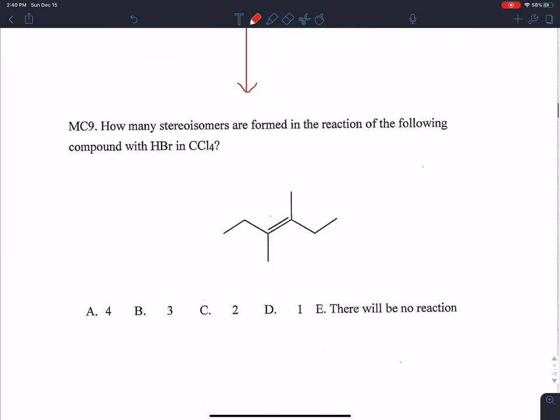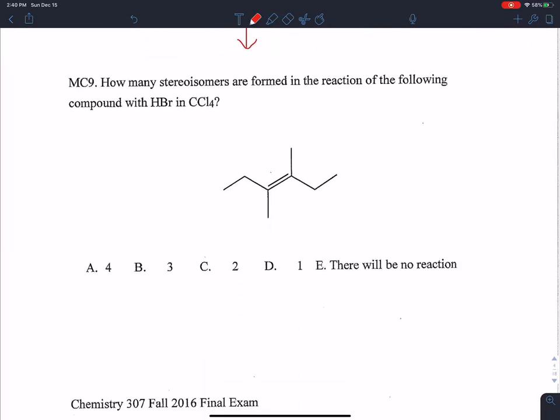Next question. How many stereoisomers are formed in the reaction of the following compound with HBr in CCl4? So if you do that reaction, you should add an H and a Br, so the Br, let's say, goes here. I think it's easiest if you treat it like this.